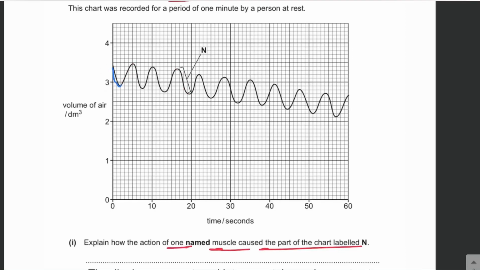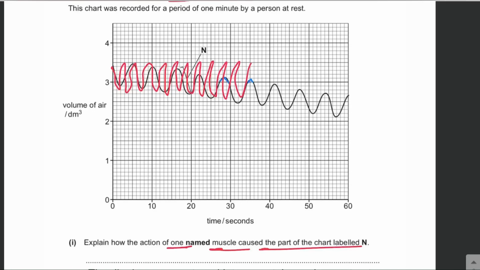Over here, there is 1 breath, 2, 3, 4, 5, 6, 7, 8, 9, 10. So there are 10 waves, or we can say 10 breaths in 60 seconds. So obviously when the person is exercising, these waves will increase in number.